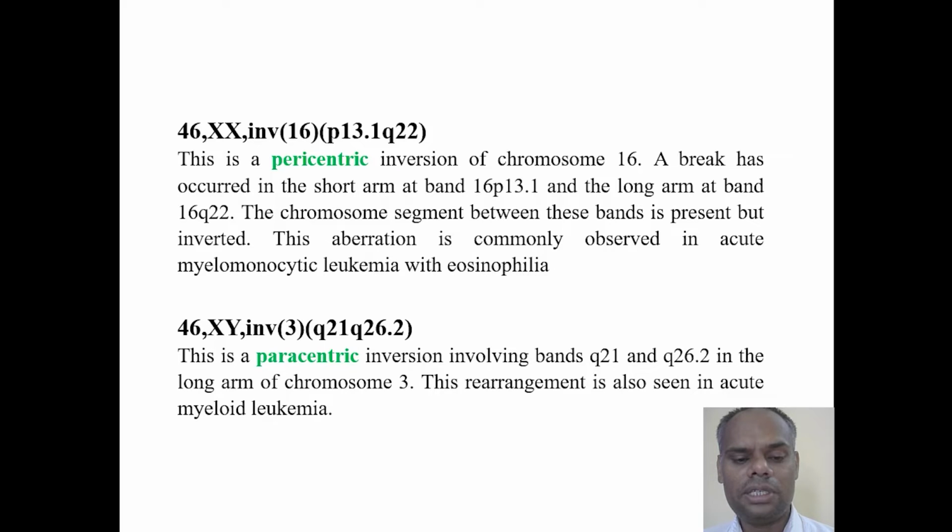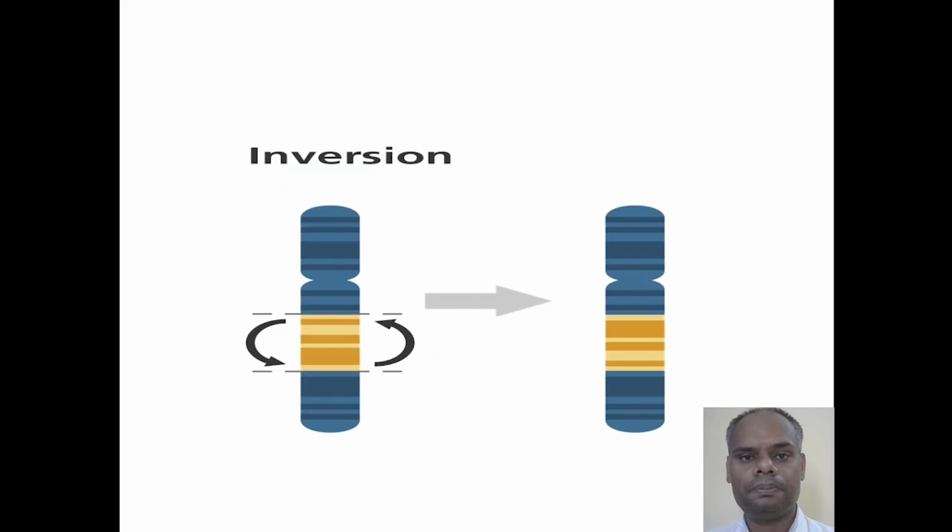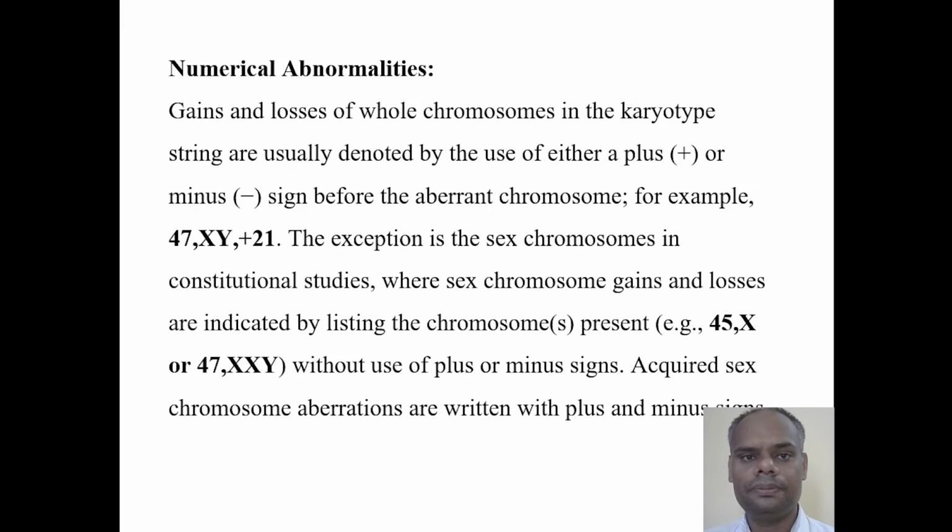The next example is 46,XY,inv(3)(q21q26.2). This is a pericentric inversion involving bands q21 and q26.2 in the long arm of chromosome 3. This rearrangement has also been seen in acute myeloid leukemia. This is an example of an inversion chromosome where the material of the chromosome has been inverted.